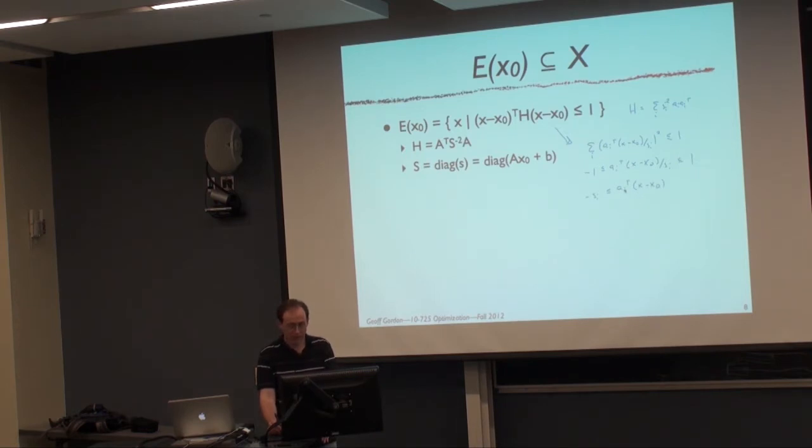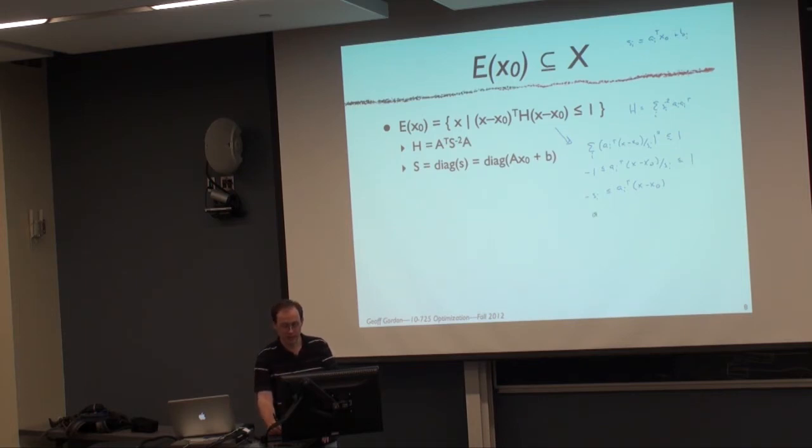And now we had before the definition that si was equal to ai transpose x0 plus bi. That was just the definition of si. And so we can just take the ai transpose x0, substitute for it using this equation, and we get rid of the s and put a bi in its place.